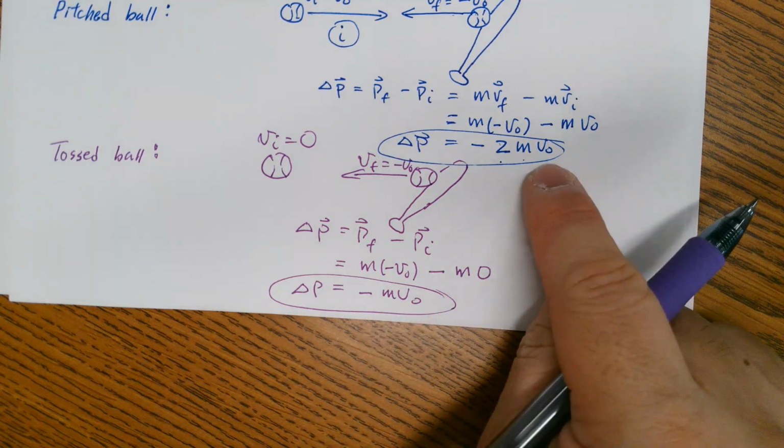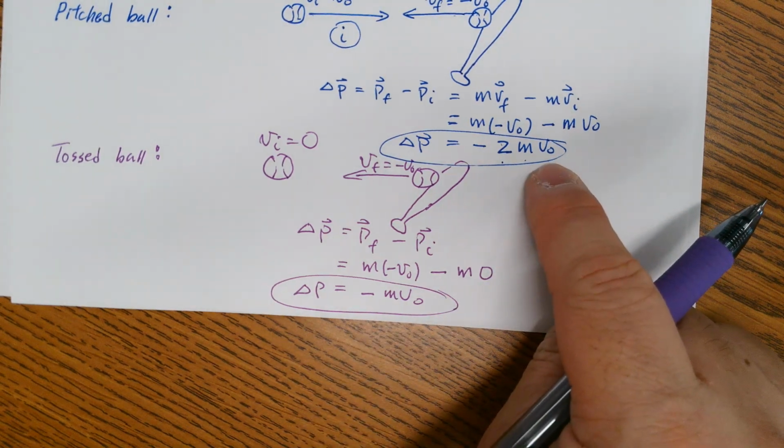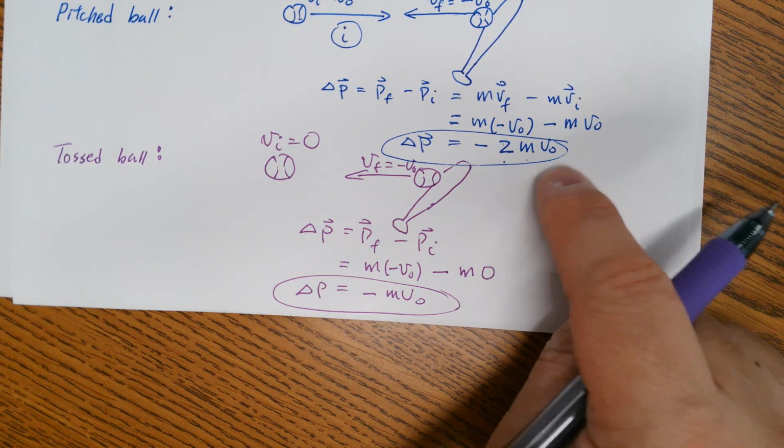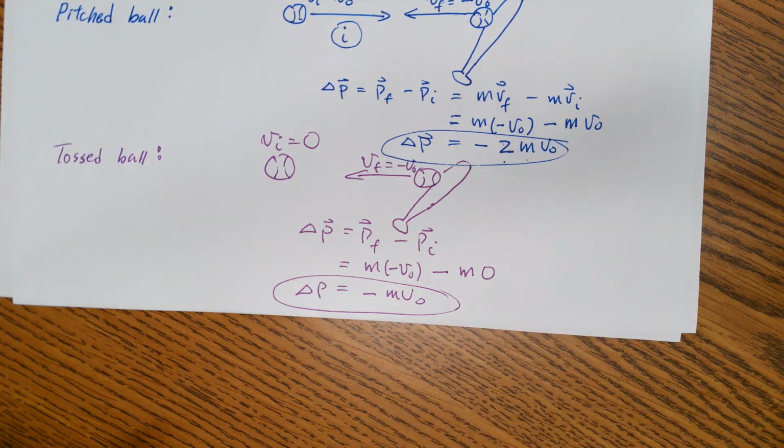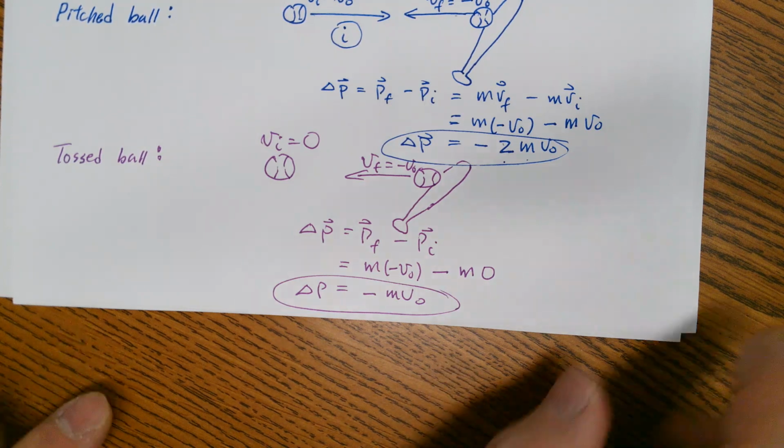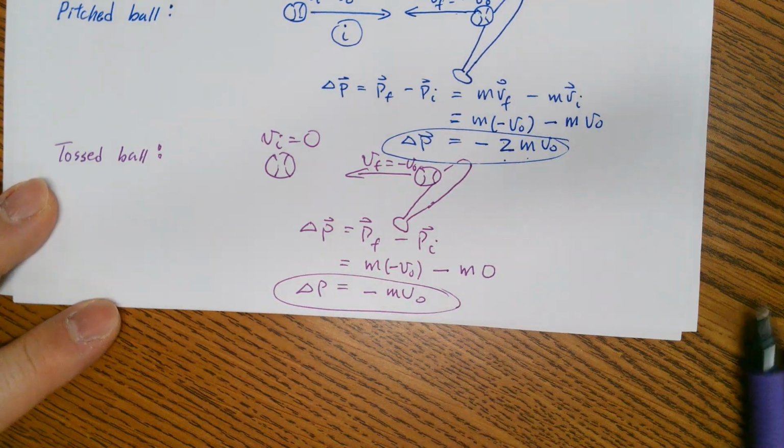But the one that was pitched, you got twice the momentum to hit it out of the park. That's why it's easier to hit fastballs out of the park than very slow curveballs. If you hit the fastball right, I mean, that's gone. Like Jimmy Rollins, he's one of the better ones who hit those fastballs out of the park.